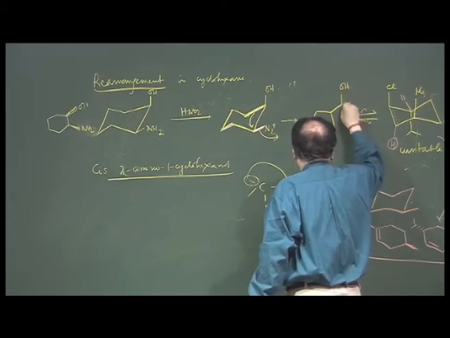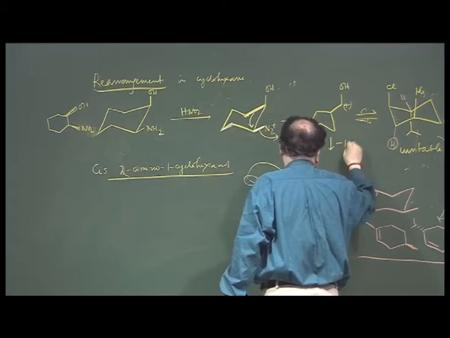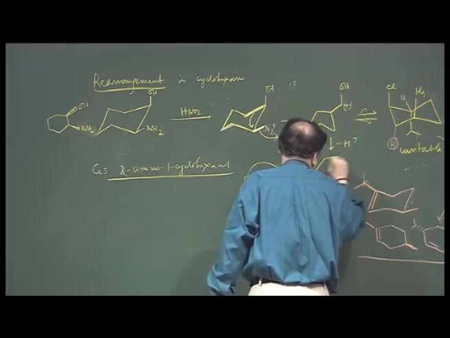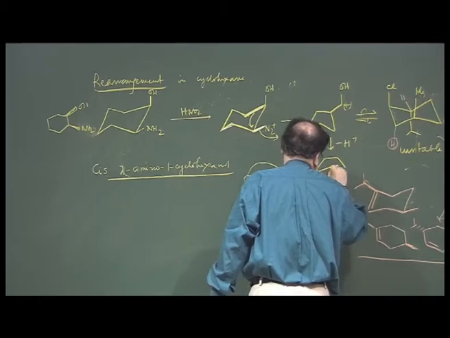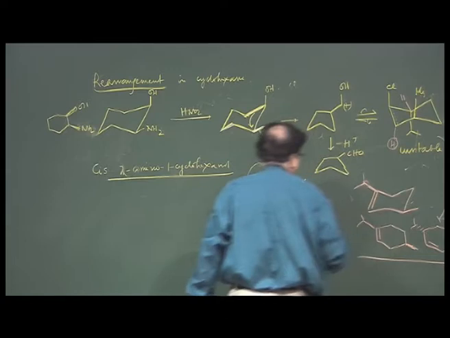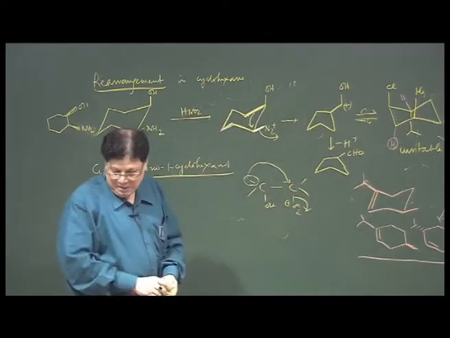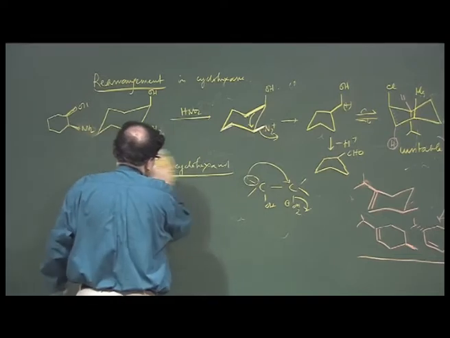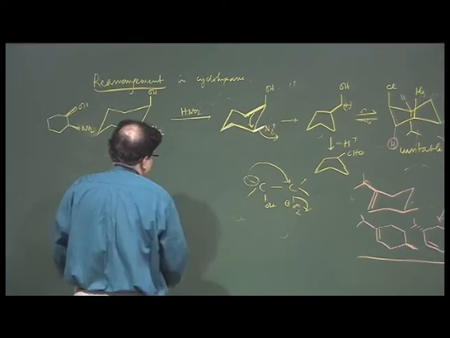This will be the cation, and finally, a proton is lost and you get cyclopentane aldehyde.